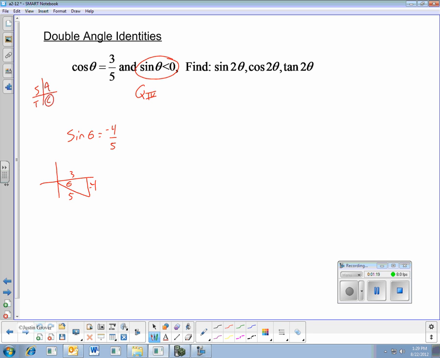So now that I have cosine theta and sine theta, I can do pretty much everything I need to on my formulas. The formula for sine 2 theta is 2 sine theta cosine theta.